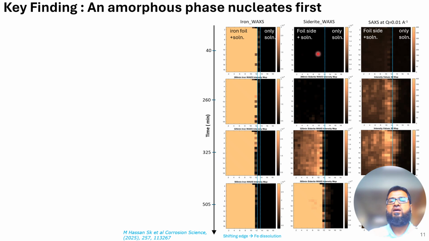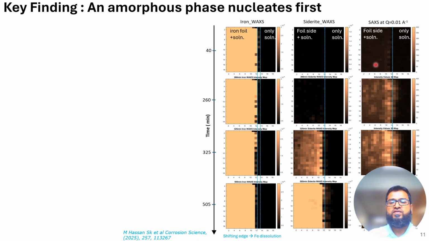But somebody may argue that this SAXS could be appearing because of the growing roughness due to the dissolution of the iron, which is not true.